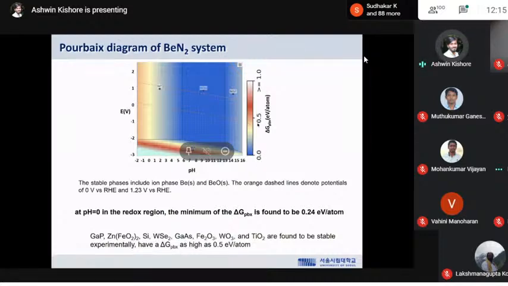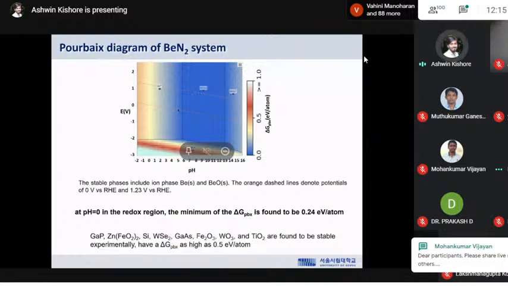If it is around 0.5, the material will decompose into one of its solid phases, and that solid phase will form a passivation layer on top of the material, which will further prevent the corrosion. The Pourbaix diagram shows that the BN2 monolayer is thermodynamically stable in the alkaline region, and a little bit in the acidic region.